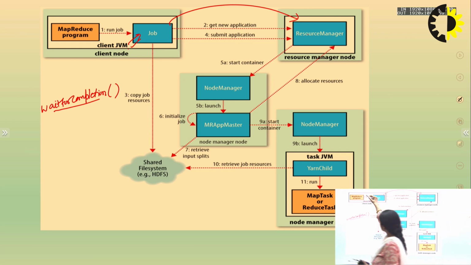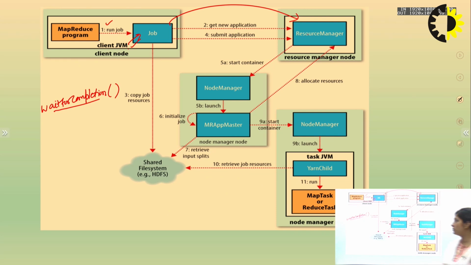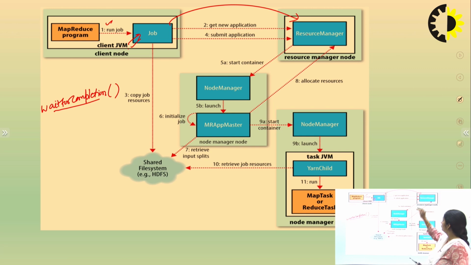Now, in the first point, you can see, as I told you, the first phase is the job submission phase. The job submission phase starts from here. The client JVM runs the job and connects to the resource manager to get a new application ID. Now, what will the resource manager do?